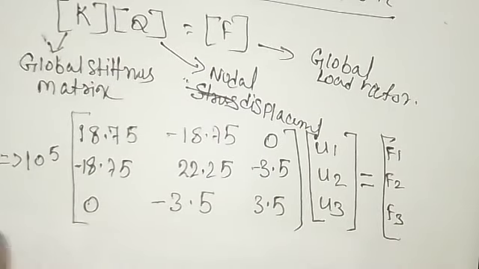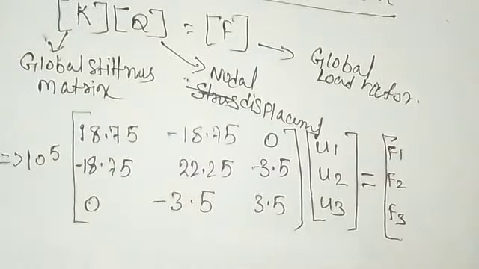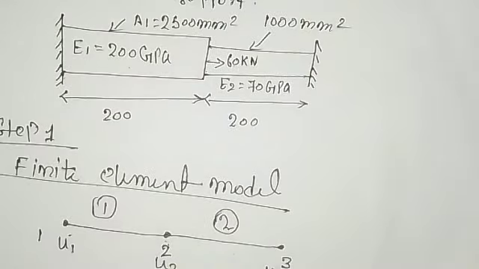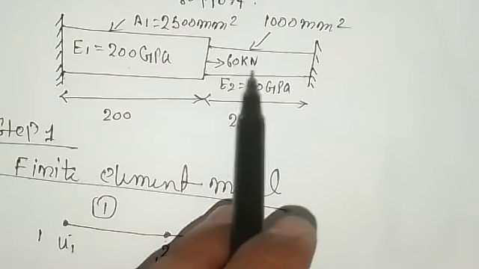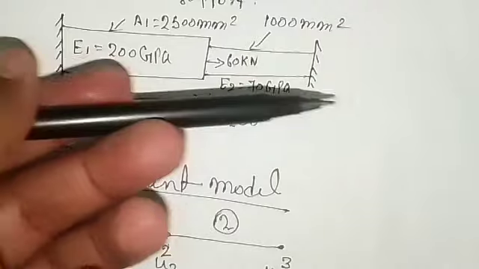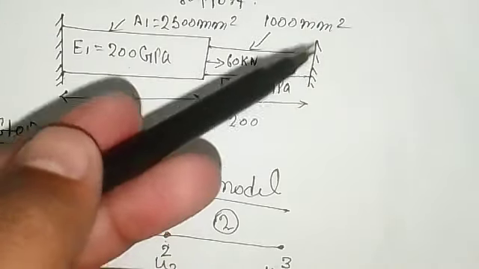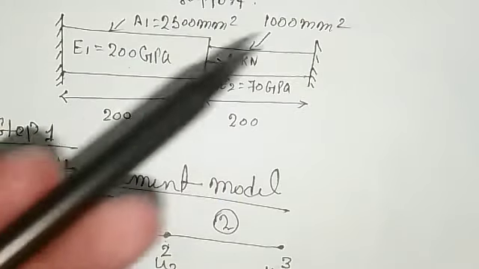We'll check whether the load is given in the element or not. This is what the question gives. At node 1 we don't have any load. At node 2, 60 kilonewton load is acting towards the right. As it is right, it will be positive. At node 3 we don't have any load. So at node 1 and node 3 the load we will mention 0.